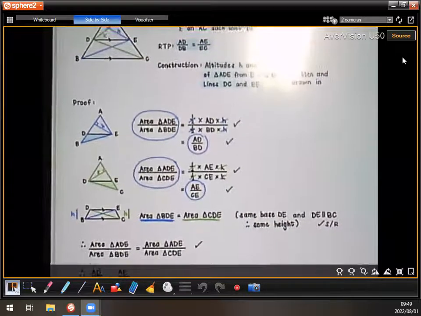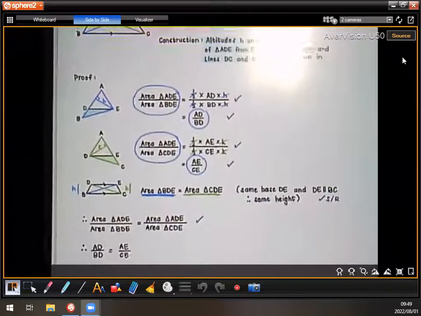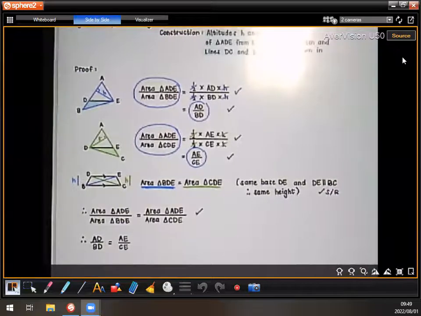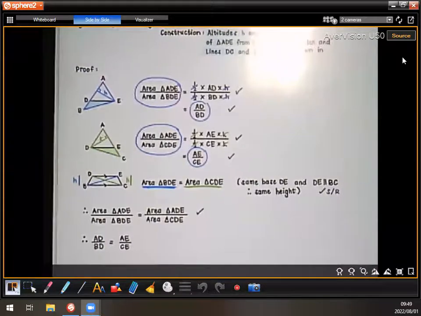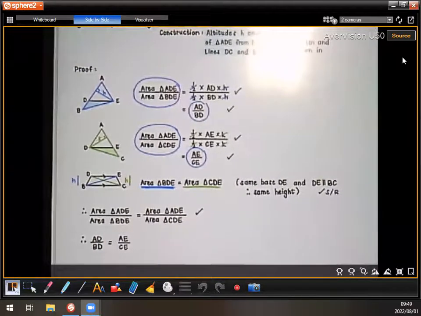They might do a fill in the blank kind of thing where they give you some of these parts and you just fill in the missing bits. Maybe it's a good idea for you guys to write this proof out once without all the diagrams and without all the extra bits so that you can see exactly what you have to write down in a test or exam.